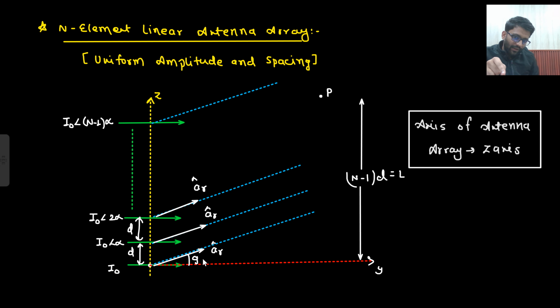That is 90 minus theta. Why 90 minus theta? Because the angle made from the z-axis is theta. This angle is theta, so this angle is 90 minus theta. Now I need to write down the electric field at point P. What is the way of writing it?